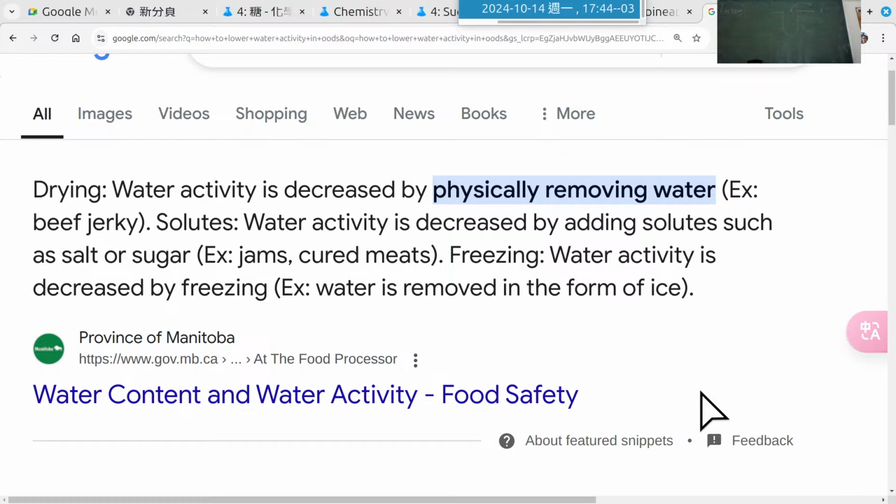And now, after 1950, scientists have a theory that is water activity. When we add sugar and salt, because they are very attractive to water, when they combine with water, the water is not available for microorganisms. It means microorganisms cannot spoil those.